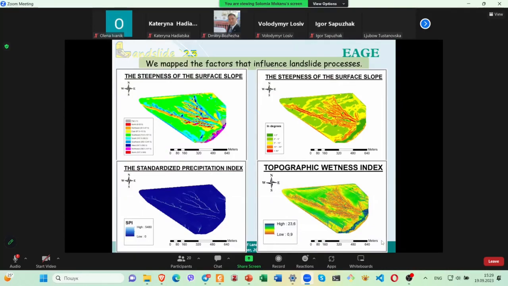So, the results of this study: we mapped the factors that influence landslide processes and the natural geomorphological factors, namely the elevation, aspect, slope, stream power index, and topographic wetness index.